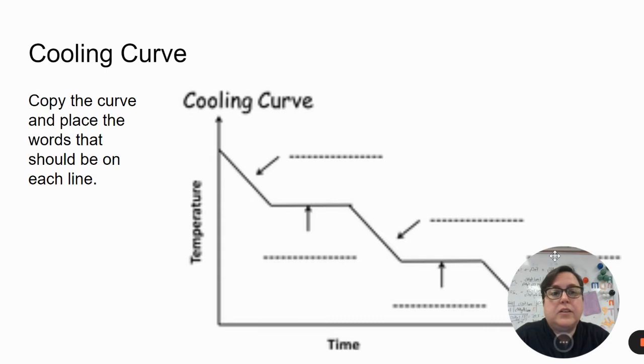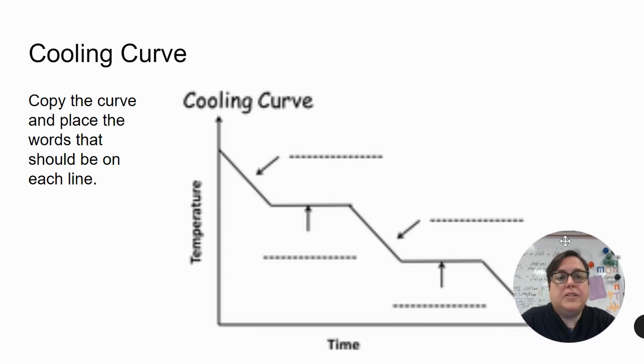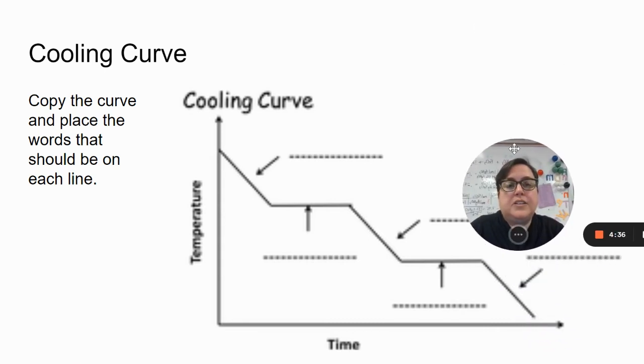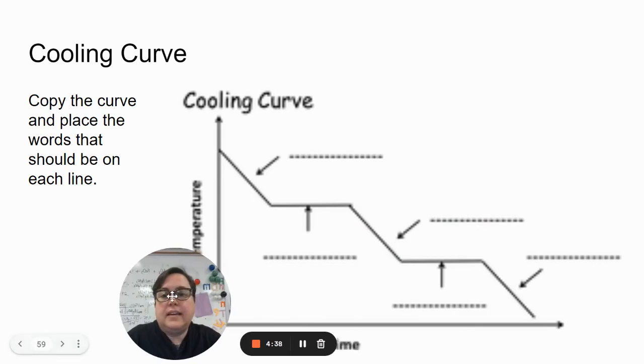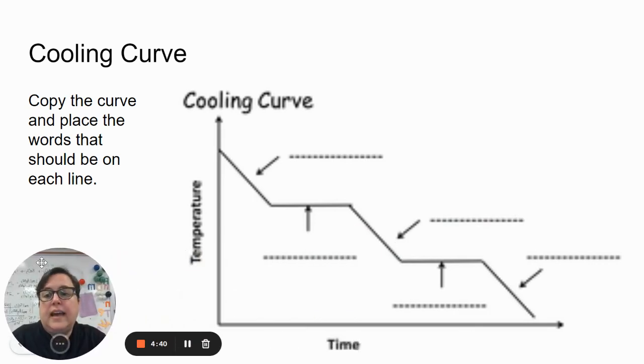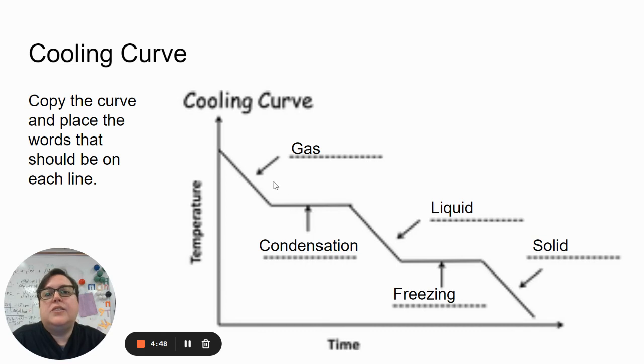All right, so here's our cooling curve, and what I would like you to do is copy it down into your notes and then see if you can label what these points are. All right, let's see how you did. So again, higher temperature is the gas, middle temperature is the liquid, colder temperature is the solid.